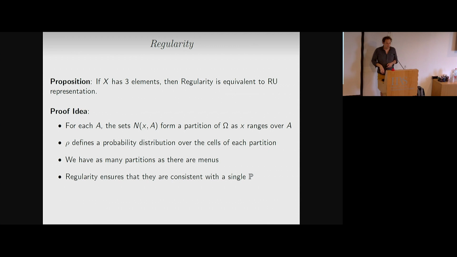Now, I said that regularity is necessary for random utility. It actually is sufficient if there are 3 elements in the grand set of alternatives.